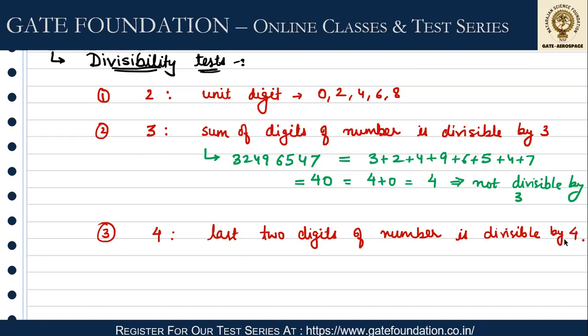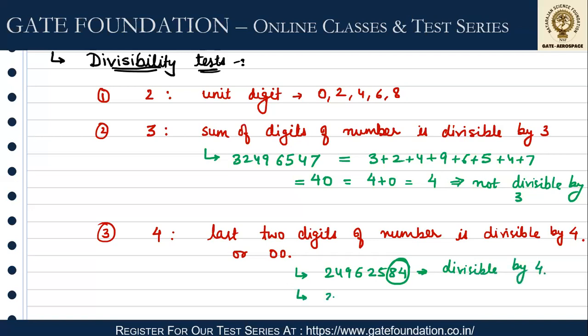Or there is one more condition, or the number ends in 00. For example, if you take a difficult number, let's say 249652584, if the last two digits of this number, like 84, are divisible by 4, then this number is divisible by 4. That is the first condition.